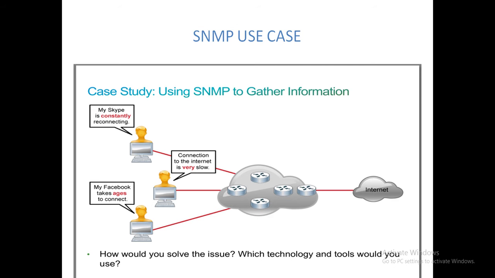So how would you know that this problem is really going on, and what is the issue which is creating this kind of problem? Those types of problems you can solve by collecting information with the help of SNMP. So SNMP will be the rescue if you want to solve this problem.